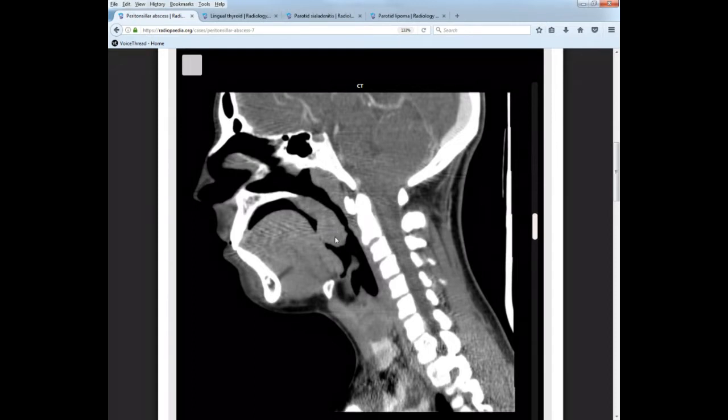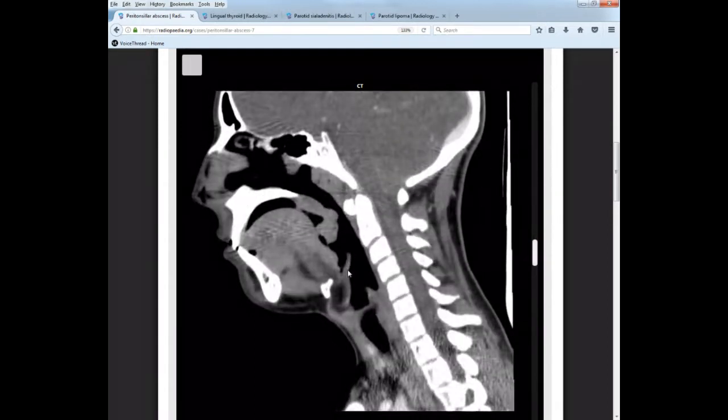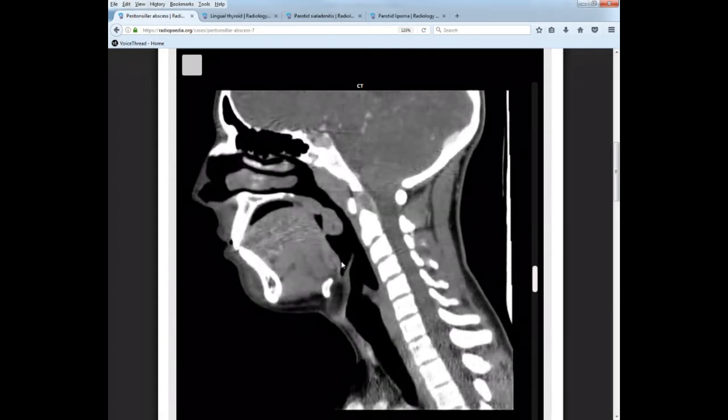The other thing that we need to look for in the sagittal plane in the oropharynx is the epiglottis right here. And then the little pouch that collects food or foreign bodies and prevents them from entering into the trachea is the vallecula. And here's the vallecula right here in a sagittal view.